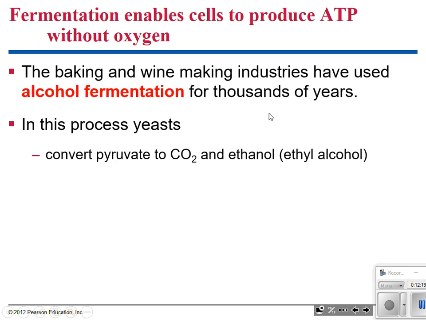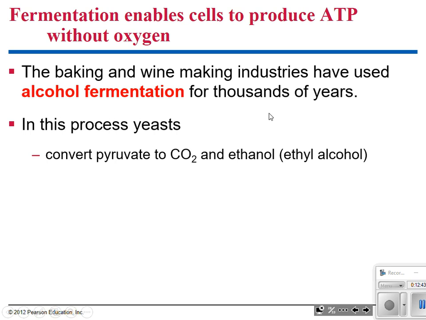Anybody ever drive up to Lima on I-75? On the left of the road there's a big ethanol plant. They're taking the corn that's grown and they're making ethanol, which they're using as a fuel for cars.